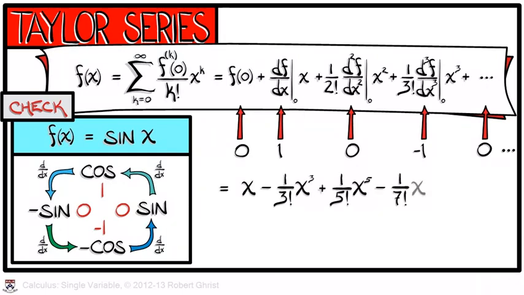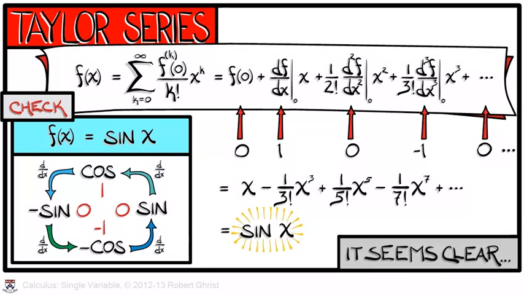When we write out the resulting Taylor series, we see, once again, the familiar form x minus x cubed over 3 factorial plus x to the 5th over 5 factorial, etc. This is the expression for sine of x.